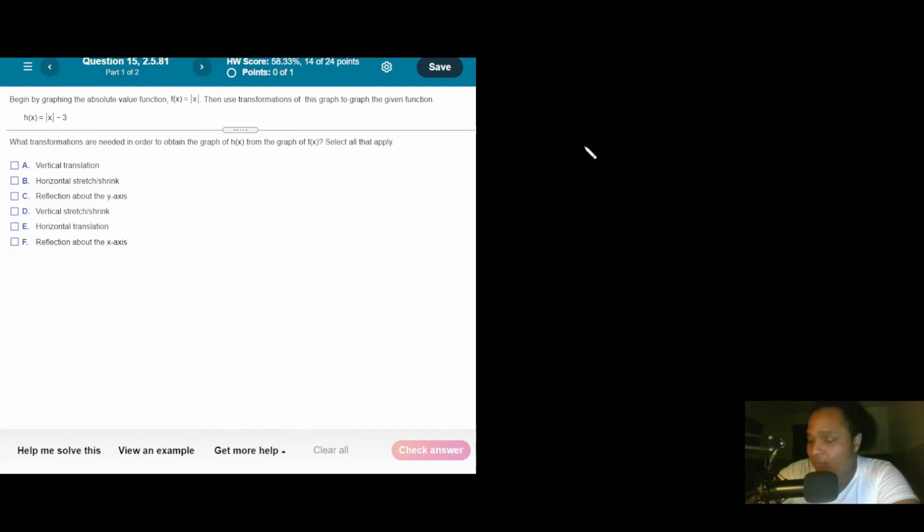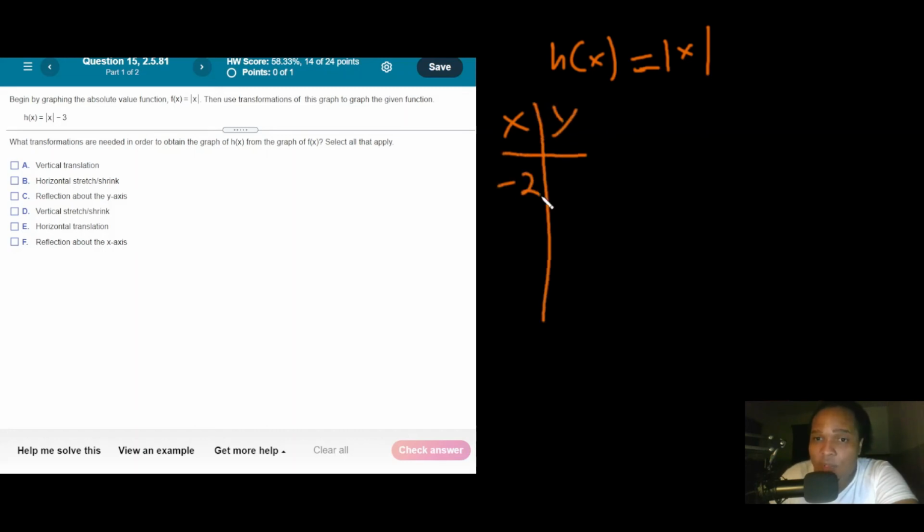Absolute value. The absolute value of x. You're going to use the same magic numbers we used last time, -2, -1, 0, 1, 2. We're going to plug them into here to get our y's. -2 inside for x will give you the absolute value of -2, which is 2.